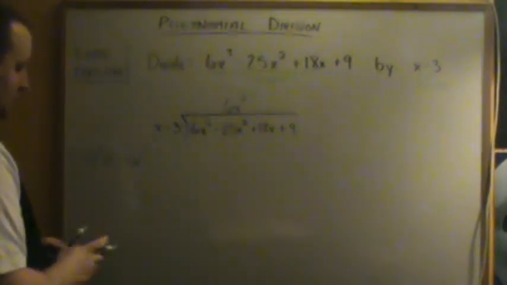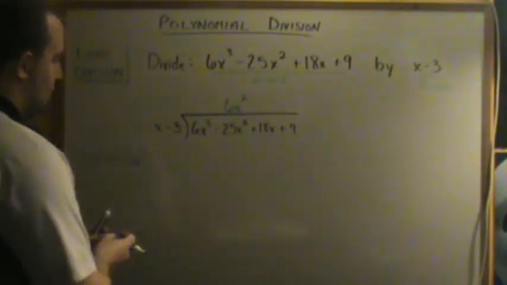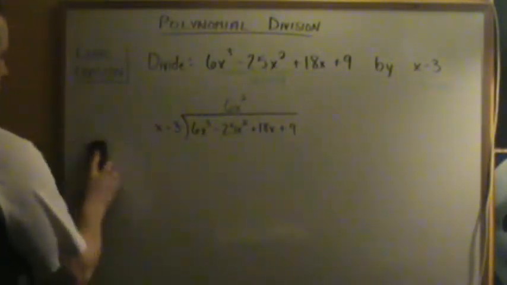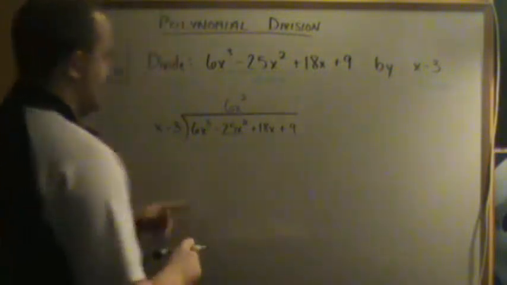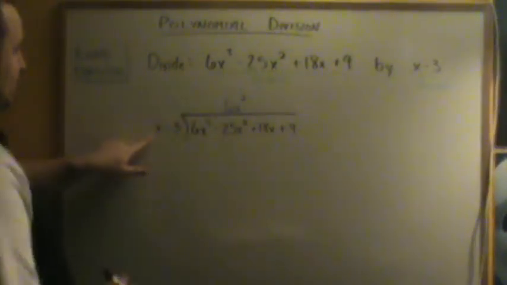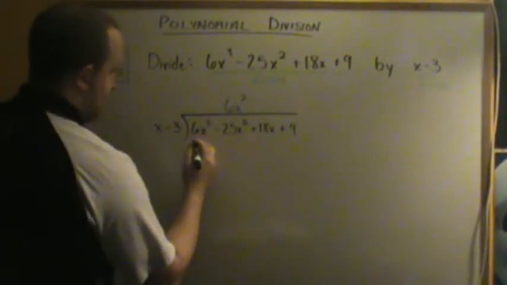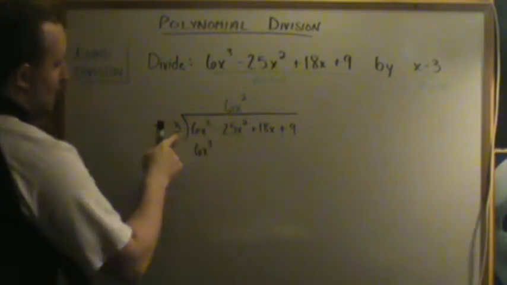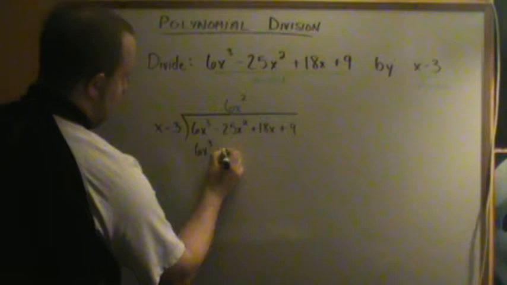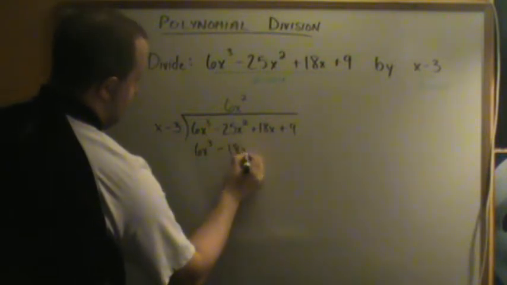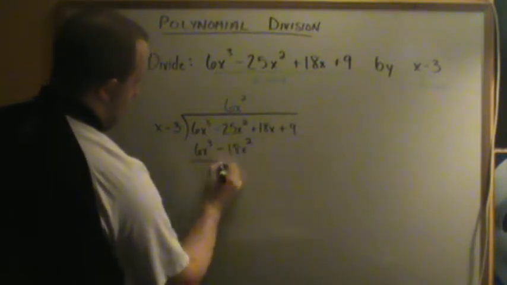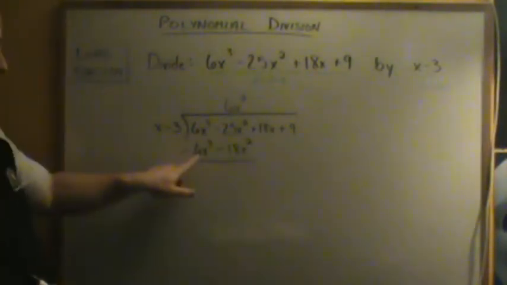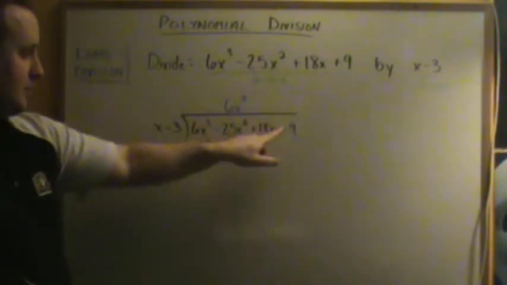And what we're going to do is multiply x minus 3 by 6x squared. So 6x squared times x is 6x cubed. 6x squared times negative 3 is negative 18x squared. We're going to subtract this expression from our original.